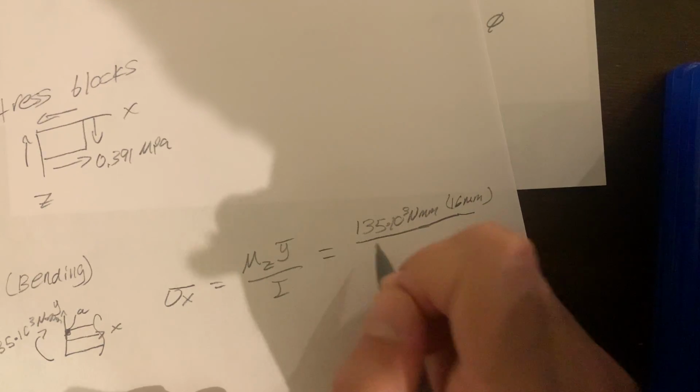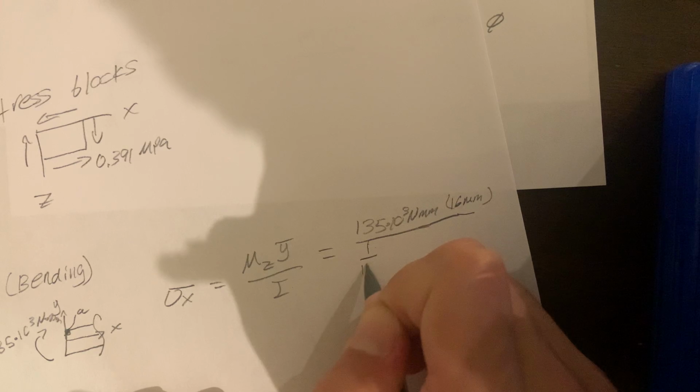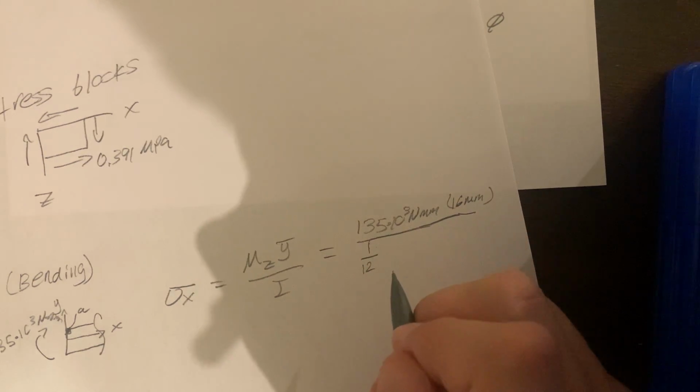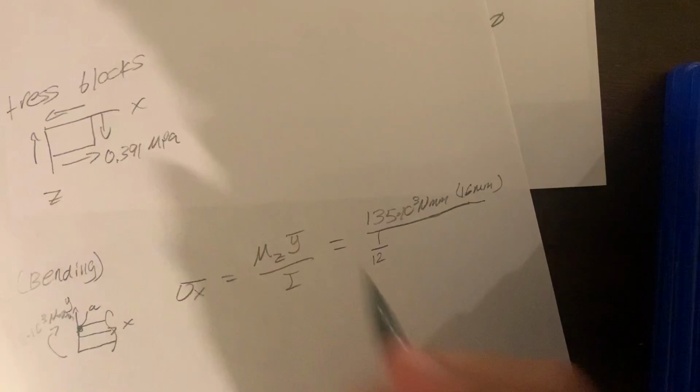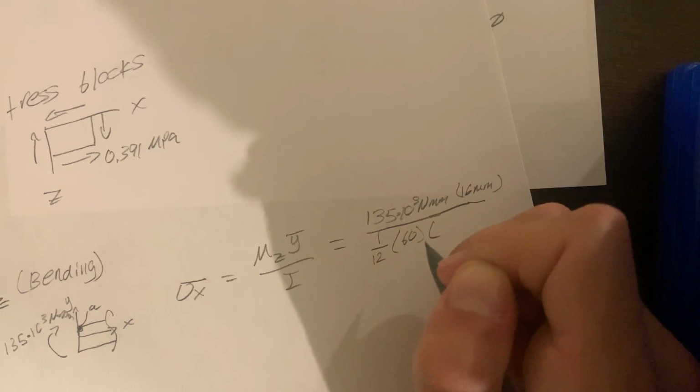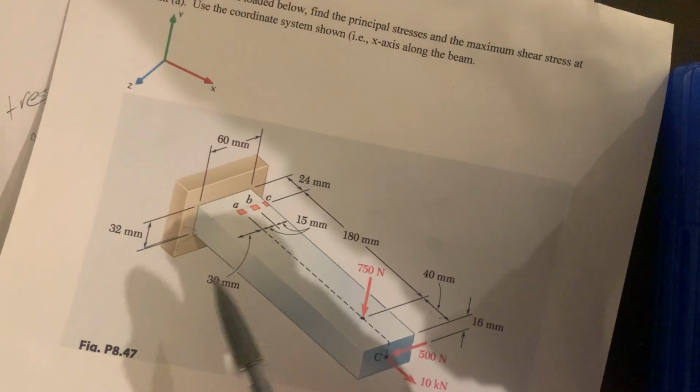And then I is going to be 1/12 the base times the height cubed. Our base is going to be 60 and the height is going to be 32.